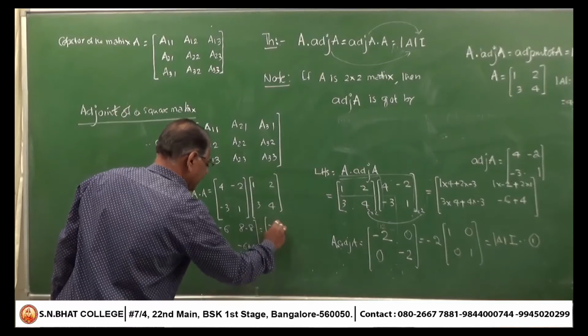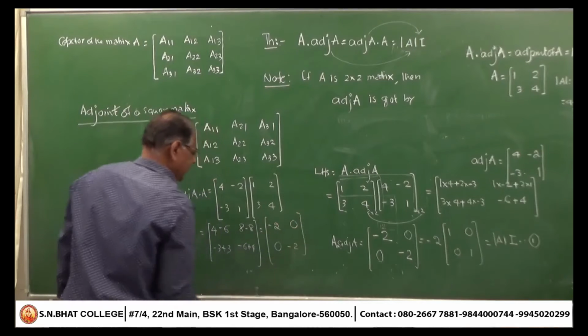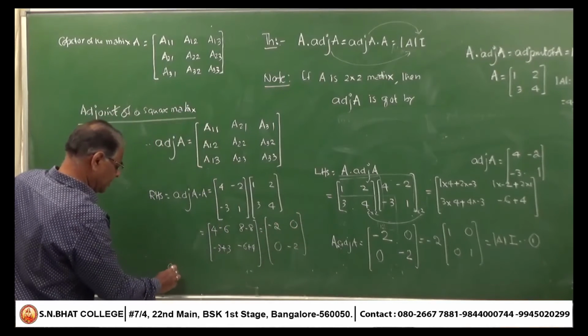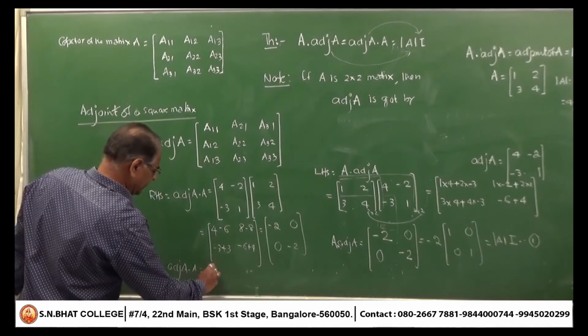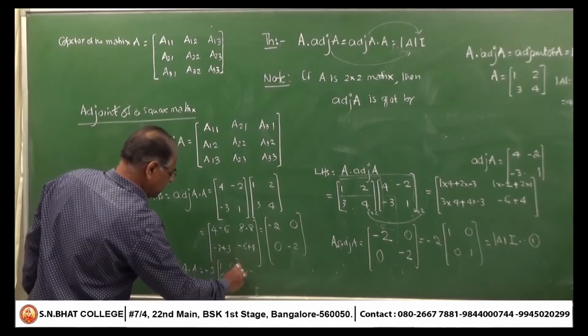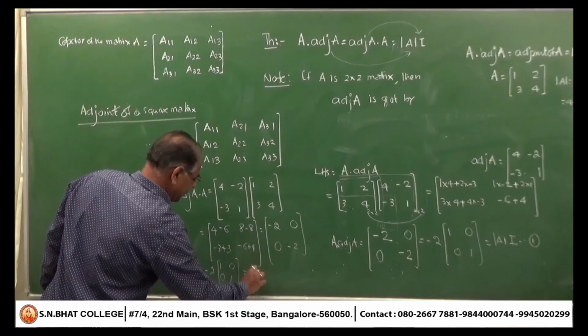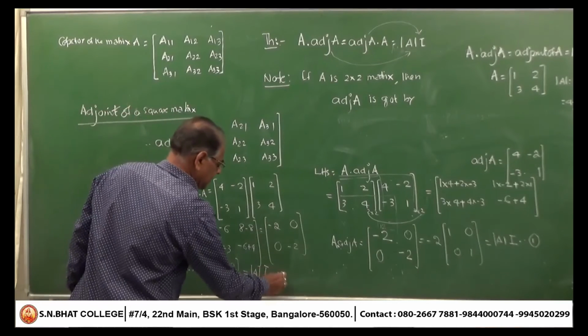This is minus 2, 0, 0, minus 2. Taking minus 2 common, we are left with 1, 0, 0, 1. Minus 2 is replaced by determinant of A, and 1, 0, 0, 1 is I.